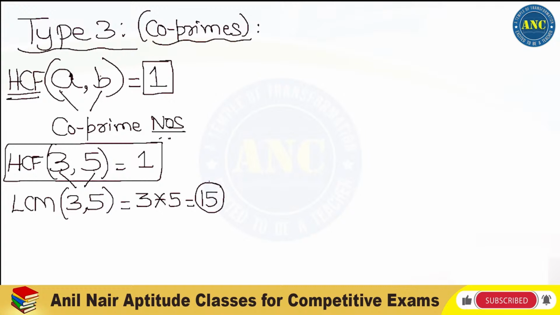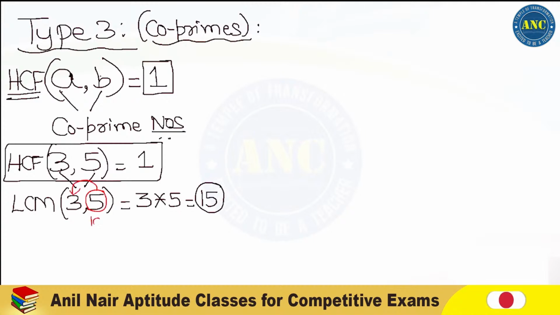But a smart student sitting in the class might ask me a doubt: No, sir, I do not want to use this concept. I want to use the concept of type 2, whatever you have taught. Can I apply type 2 for this question also? Absolutely yes. Who is stopping you? See here, if you want to apply type 2, the bigger number is 5. 5 is not a multiple of 3.